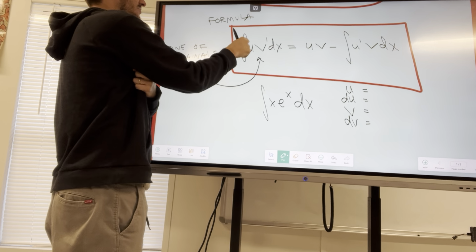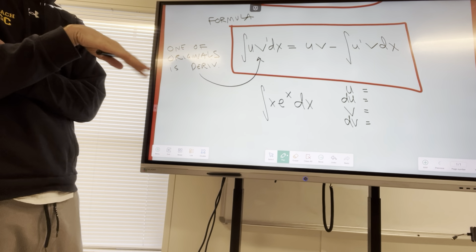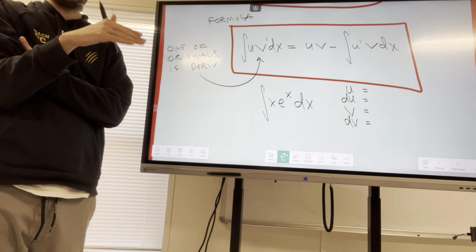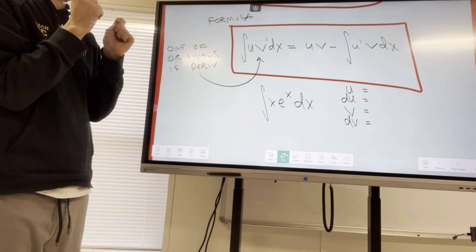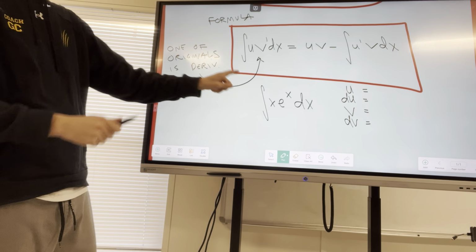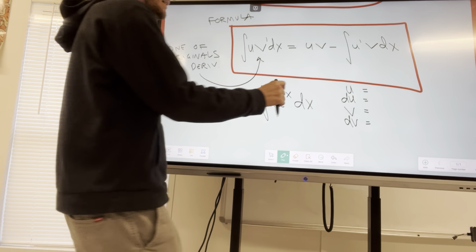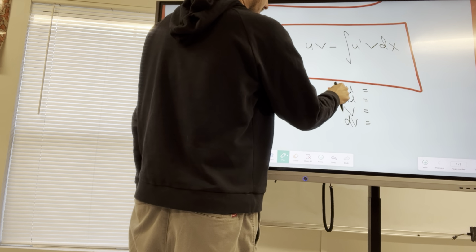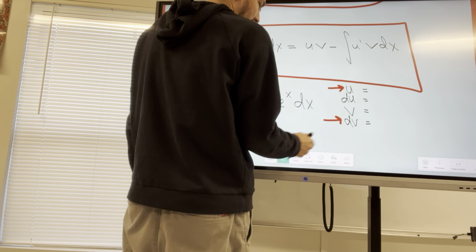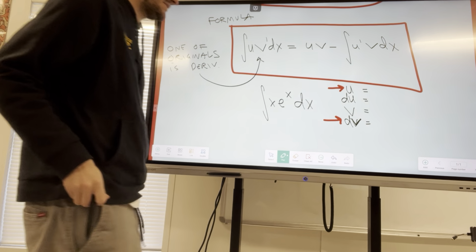One of the originals needs to be U, just a simple U, and the other piece of the original needs to be the derivative. And so you have to make the call on which is which. So we've got an x and an e to the x. One of them is going to go into the top u, and one of them is going to go into the bottom dv. My d looks like a u, it happens all the time.